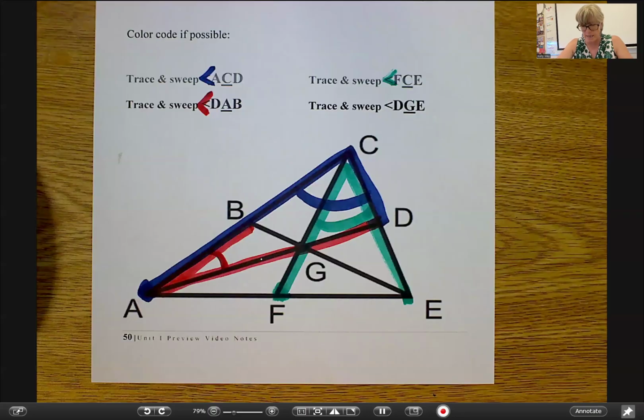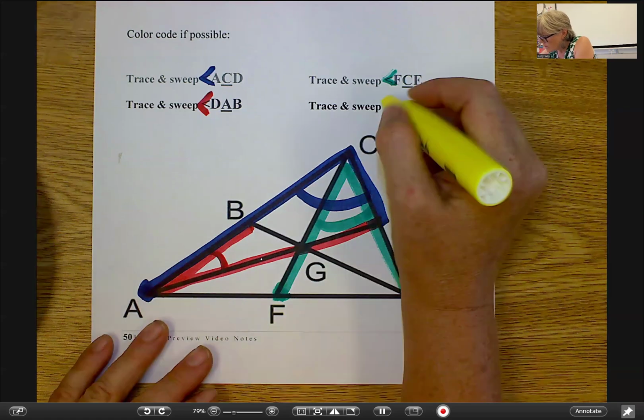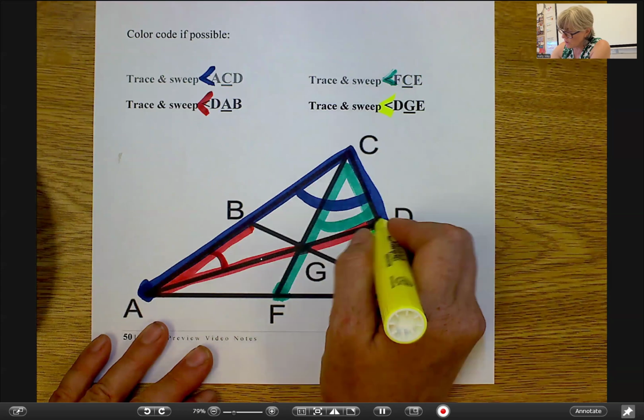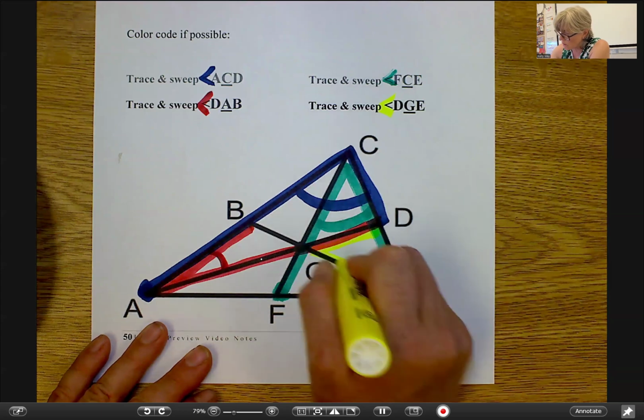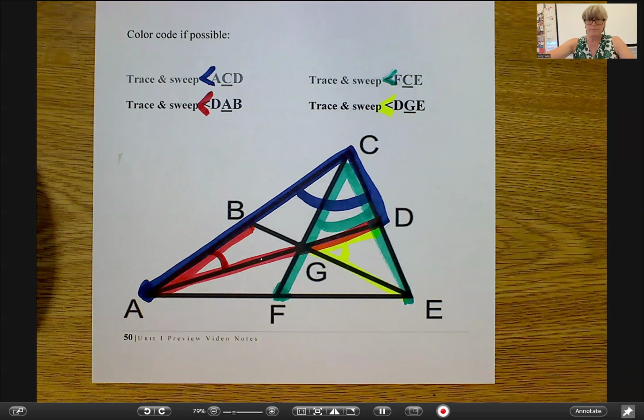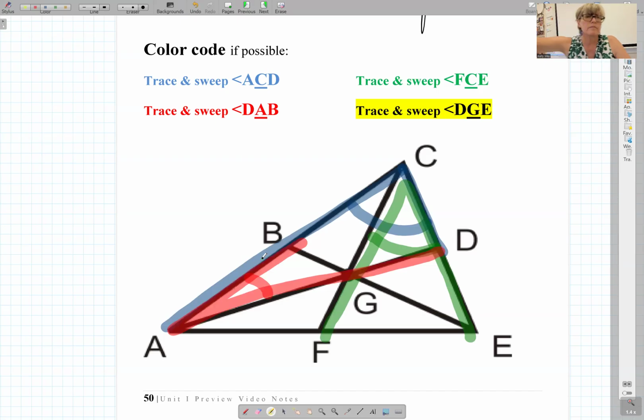Last one, D, G, E. Start at D, go to G and E, trace and sweep. That would be that angle right there. D, G, E, trace and sweep.